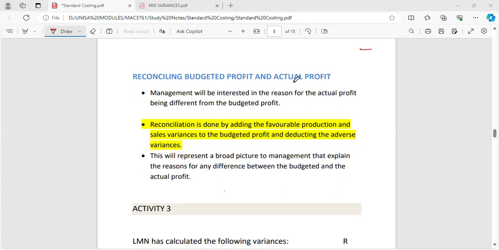So what we are going to look at is the variance analysis for more than one product. But first, before we get there, let's look at reconciling a budgeted profit and actual profit. Right, when we are looking at reconciling budgeted profit and actual profit, remember we have been doing variances.